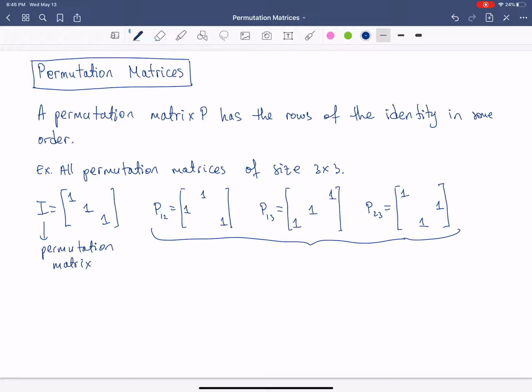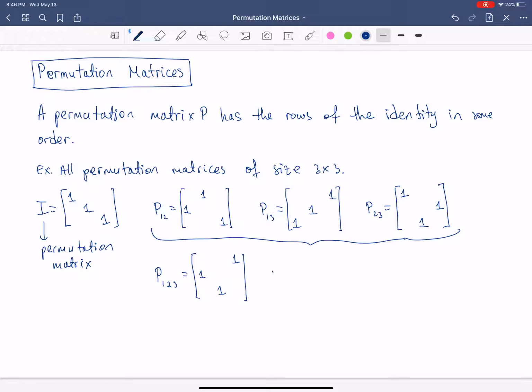We could also bring all the rows into play. So we could take the first row into the second and the second into the third, and then the third row into the first. And we denote that with 1, 2, 3. So I start here, here, and then here.